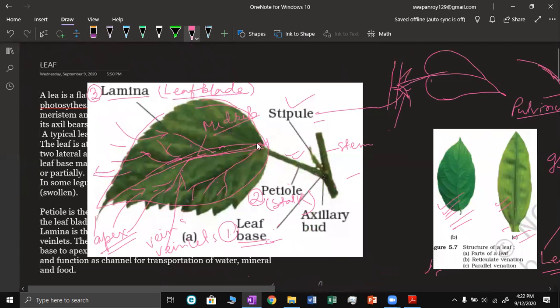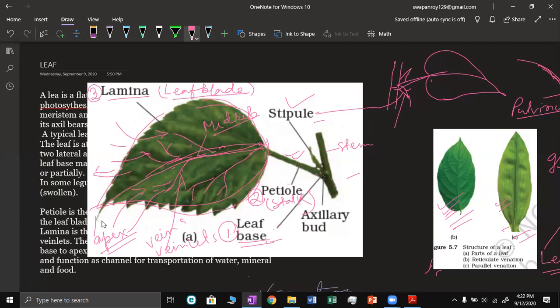See here, this is the photograph of one leaf, that typical leaf we have seen. In this, we can see that this leaf has only one lamina.